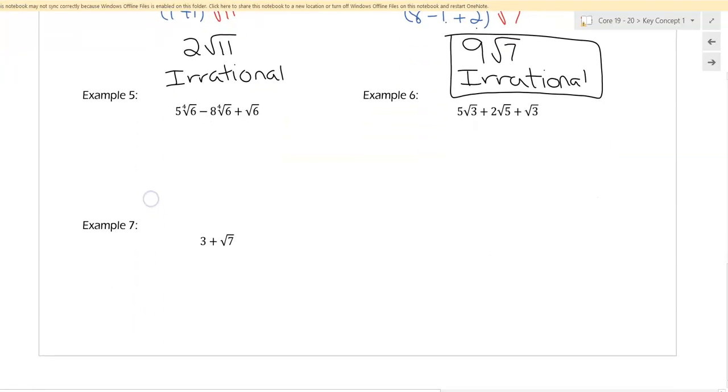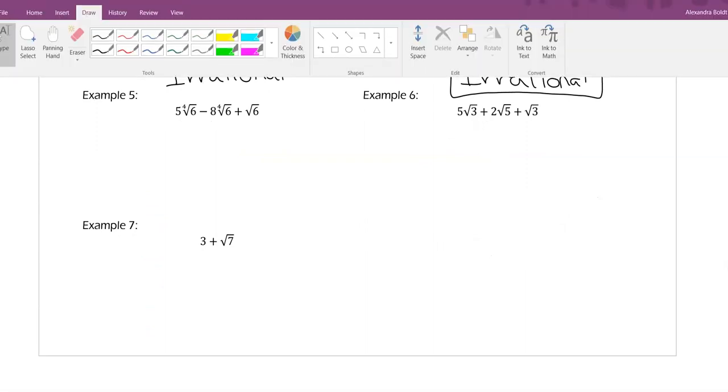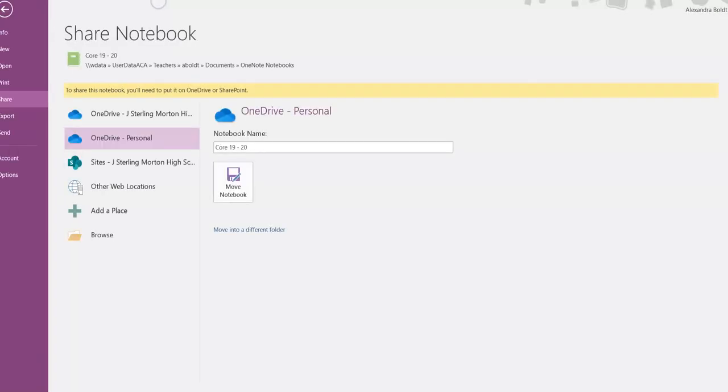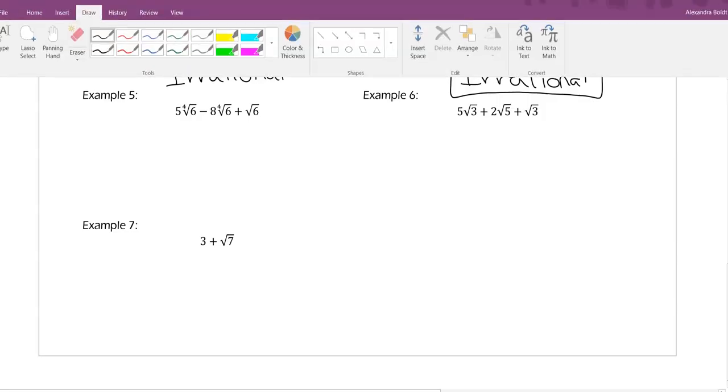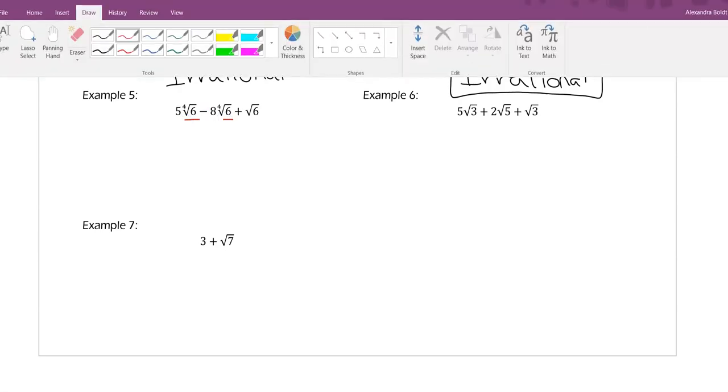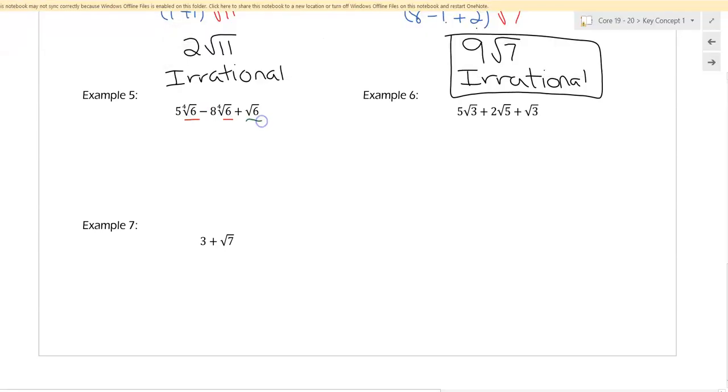Looking at example 5, 5 fourth root of 6 minus 8 fourth root of 6, plus just square root of 6. Okay? These are the same. This one is not, right? Because these have that fourth root there and this one doesn't. So I can only combine the 5 minus 8 with the fourth root of 6.